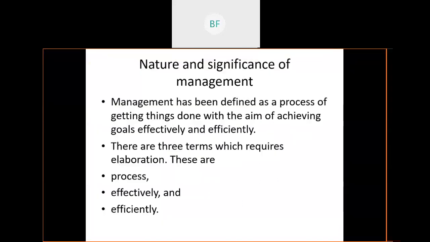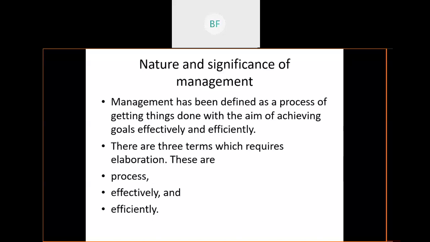So if you look at this definition of management, which says that it is a process of getting things done with the aim of achieving goals effectively and efficiently, it's not that we are supposed to do the work by ourselves to achieve the organizational goals, but it also means how you will get the work done from your subordinates and how you will be achieving the goals of the organization effectively and efficiently.